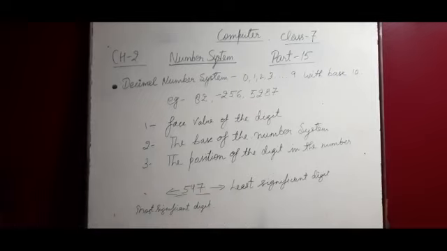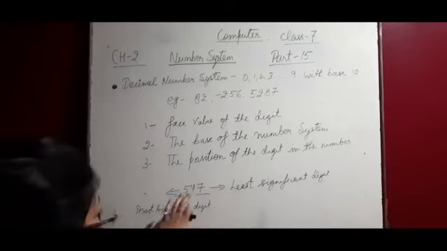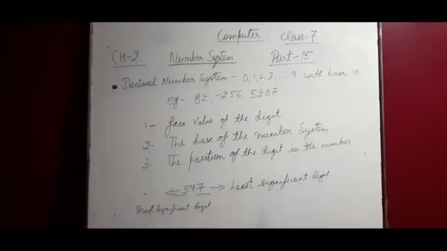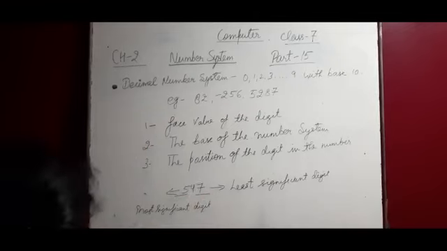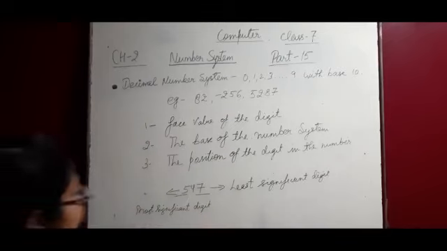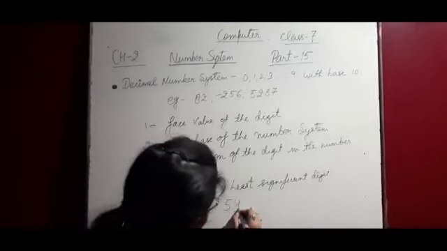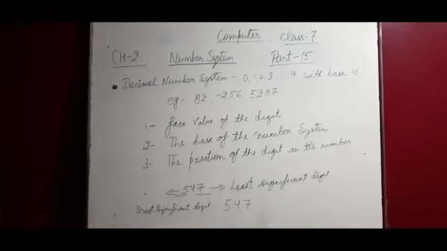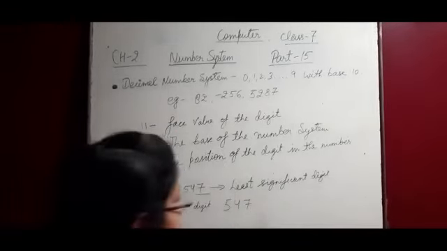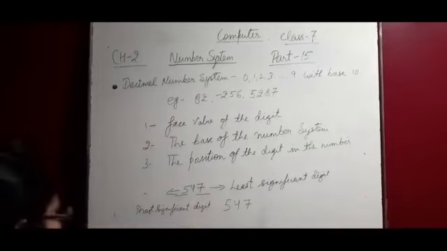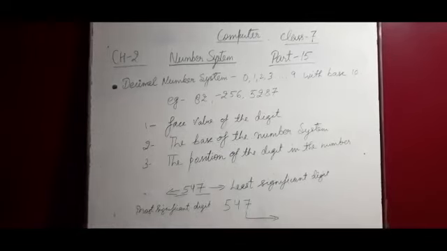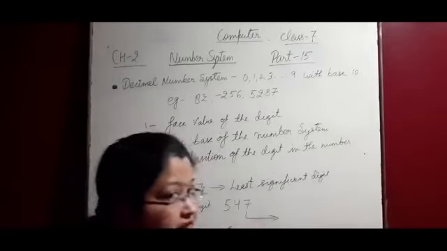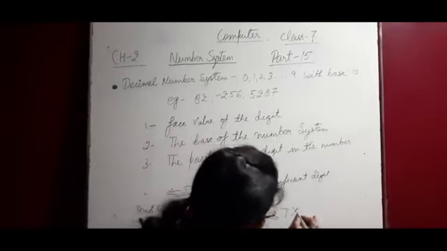Now I am going to solve the same example, 547. How do we solve this in the decimal number system? I have taken the digits 5, 4 and 7. Now we have to take the base number 10.